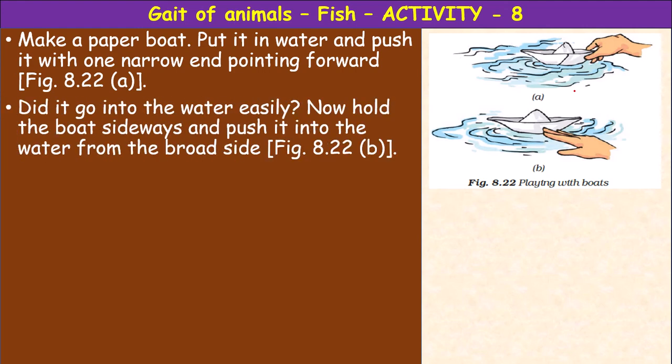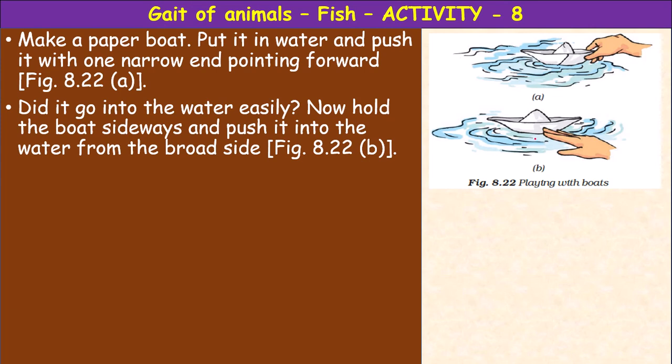Did it go into the water easily? Yes. Now hold the boat sideways and push it into the water from the broad side. See here, from the narrow end you are pushing, it is moving.